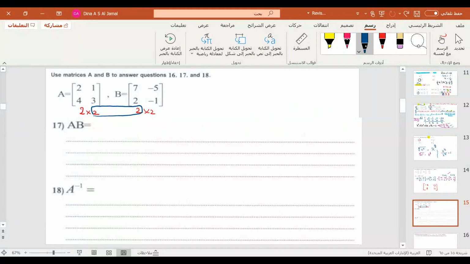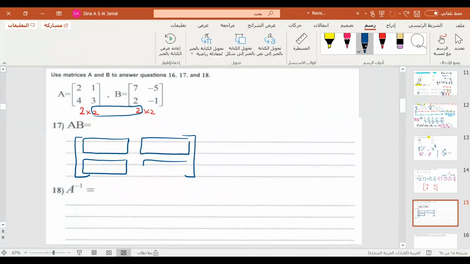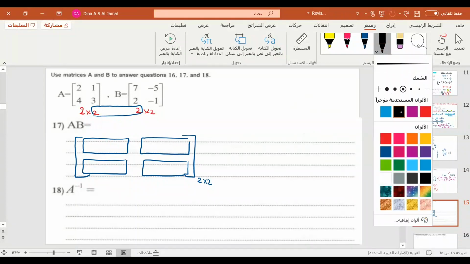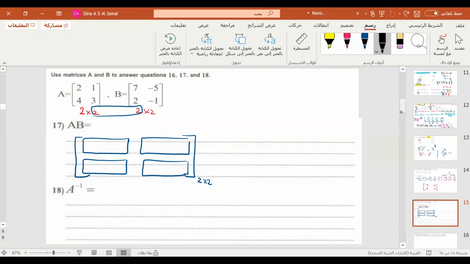That means your new matrix will be also 2 by 2. Great.